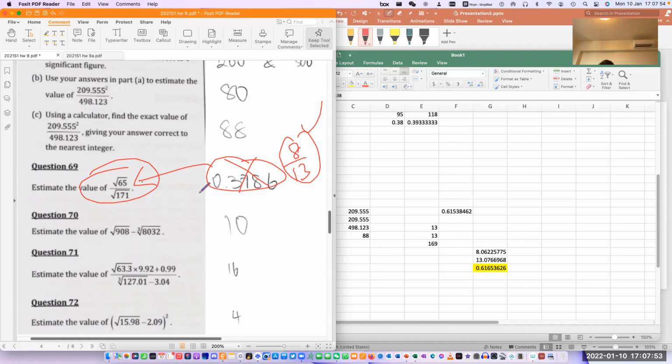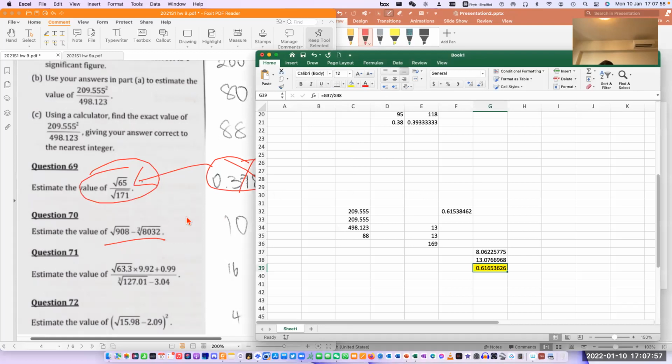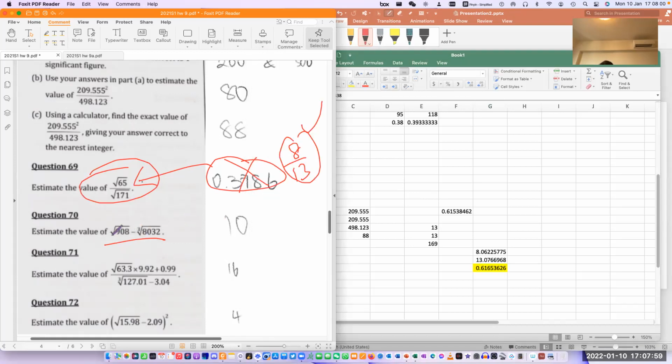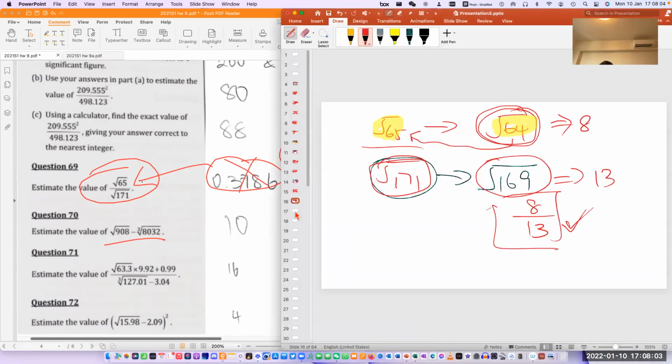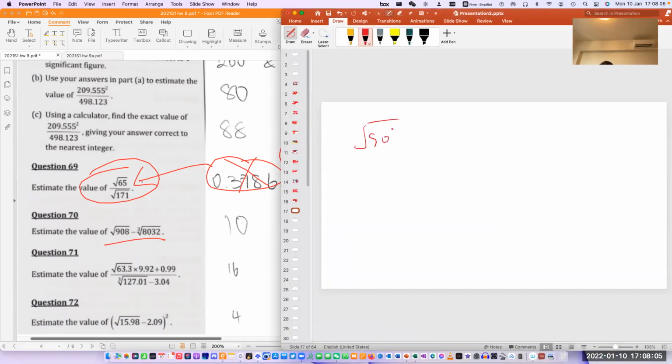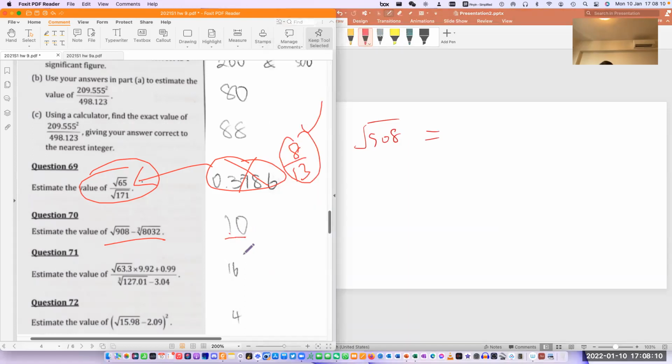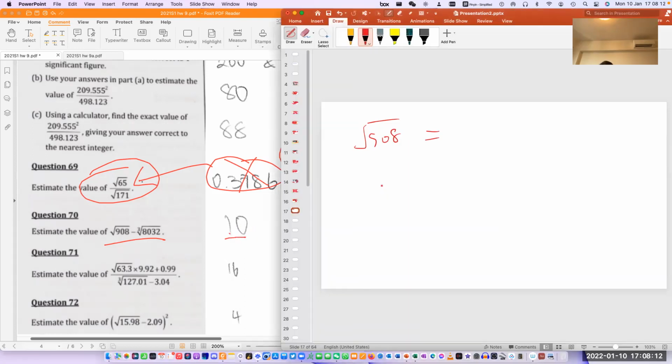Similarly, how do you estimate this? You just have to ask yourself, what's the closest? This square root of 908, you can estimate it. You get 10. How do you get 10? You estimate this using square root of 900.